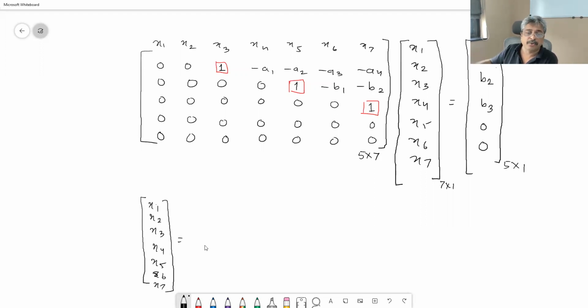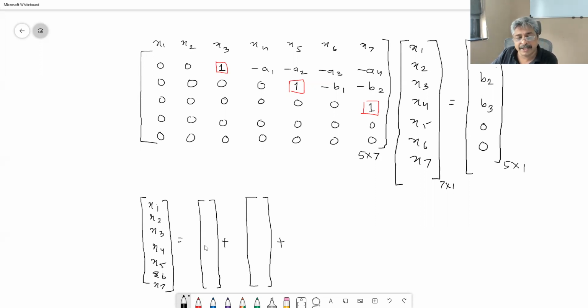So x1 is equal to what? x2 is equal to, in this form, some constant vector multiplied by some free variable, times a second something, plus the way I had written earlier. Can we complete this exercise?